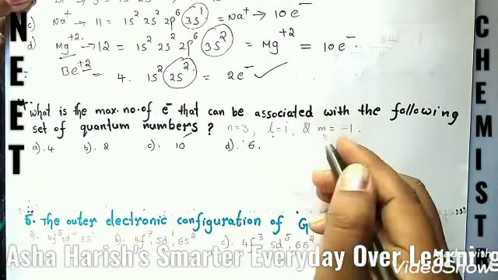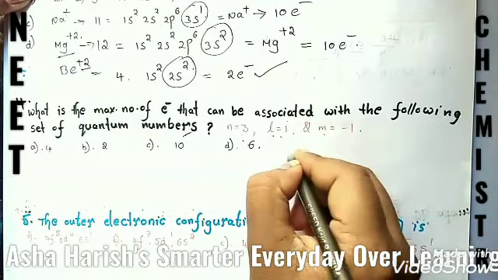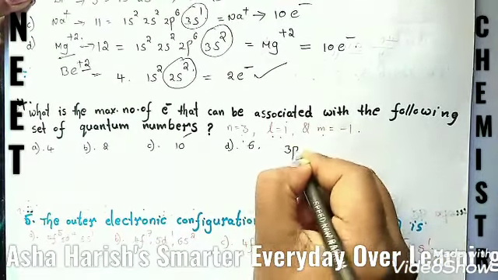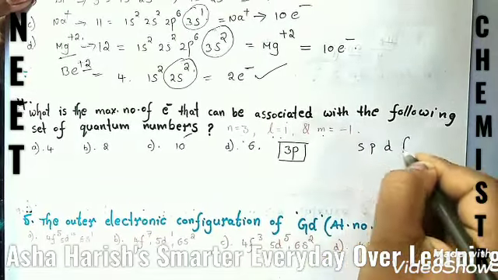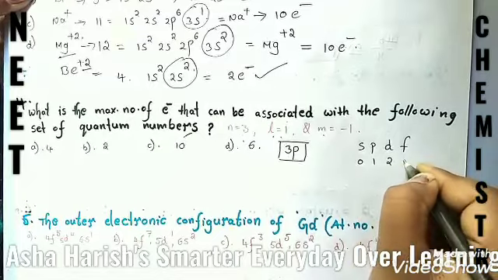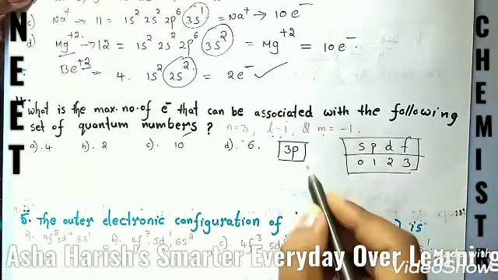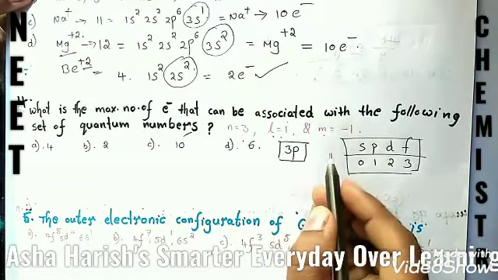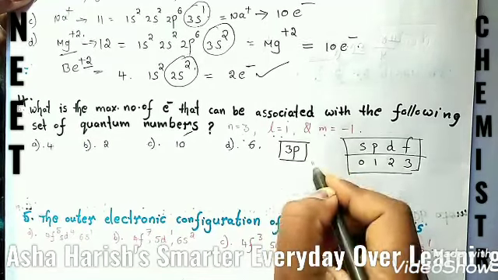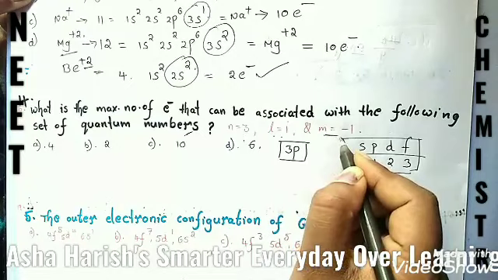The orbital with n equal to 3 and l equal to 1 must be the 3p orbital, because you know the s, p, d, f subshells and their l values. Then the m value is minus 1.